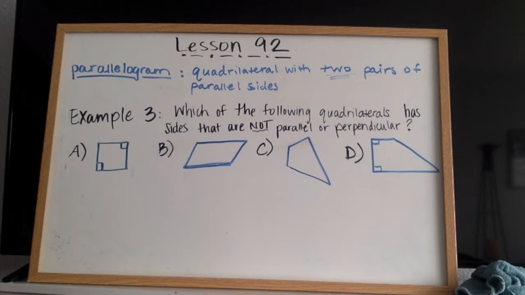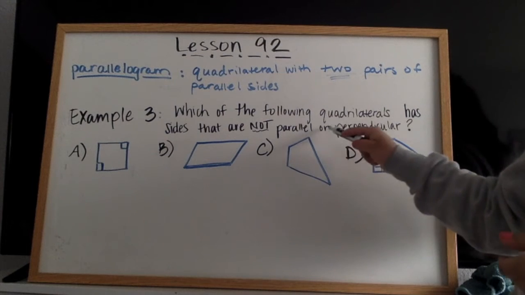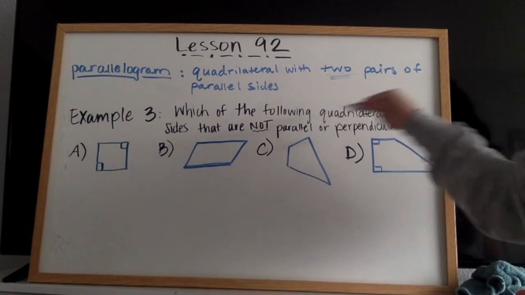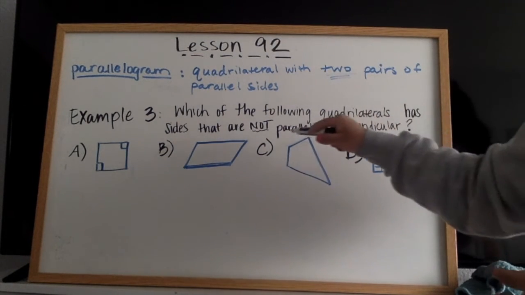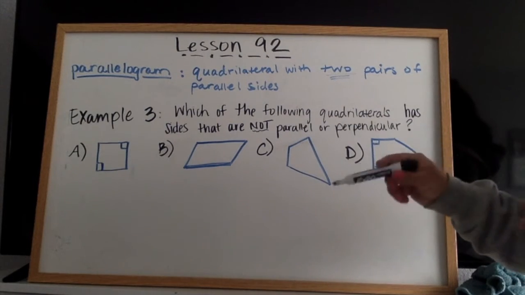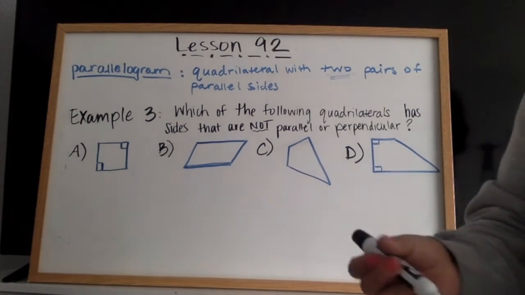Example 3. Which of the following quadrilaterals has sides that are not parallel or perpendicular? So when you have a statement that says or, that means it has to have both of these. So which ones do not have parallel lines or perpendicular lines, okay?